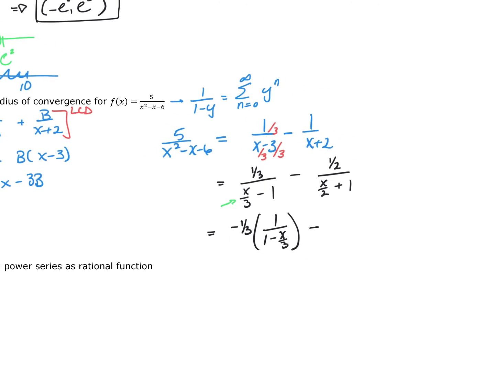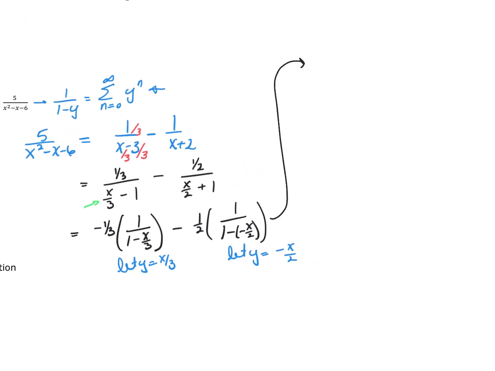And for this one, I don't have to do anything like that, but I can factor out the 1/2, so I have 1 over 1 minus negative x over 2. Now, if I let y equal x over 3, I can use that form. And if I let y equal negative x over 2, I again can use that form.